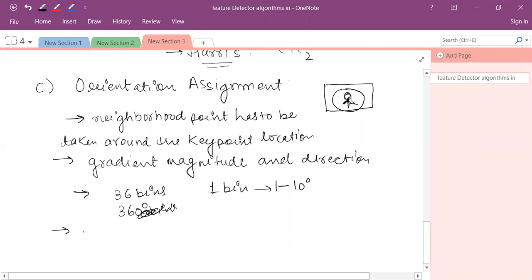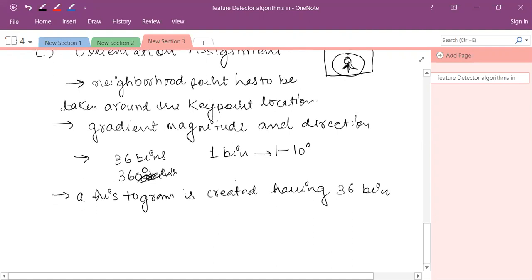So by considering this, a histogram is created, having 36 bins because I have 360-degree angle orientation. Suppose a neighborhood point that you chose has an angle of 18 degrees. So it will directly jump to the second bin, because the second bin range will be 11 to 20.